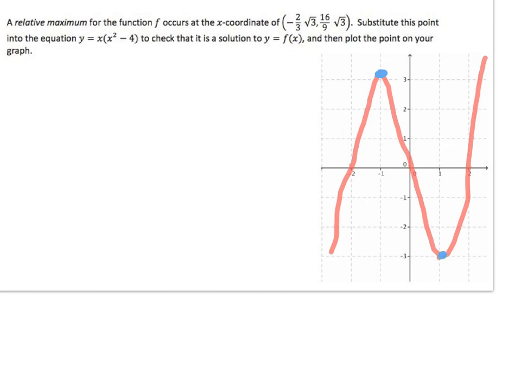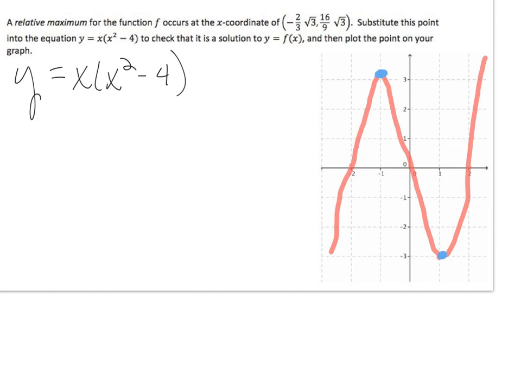We want to make sure that this coordinate actually is a relative maximum or minimum. So we're going to substitute this into the equation y equals x squared minus 4 to see that it's a solution. So we're going to substitute this point in and make sure it works.